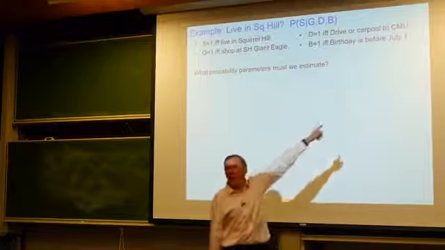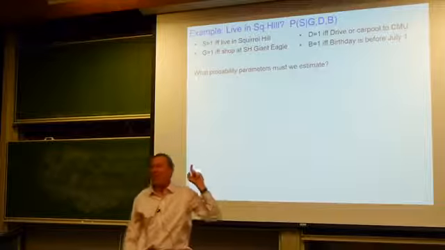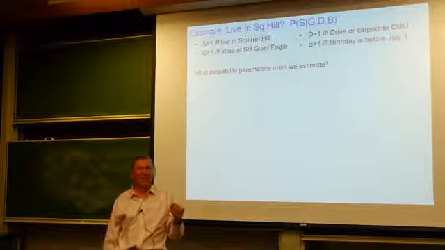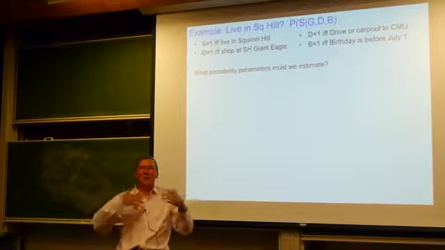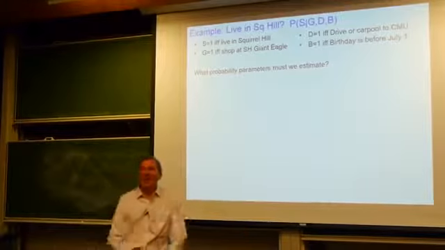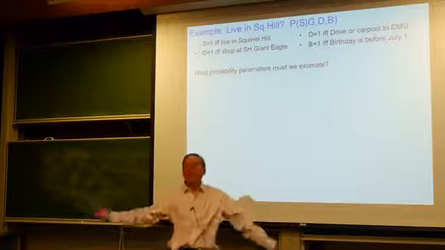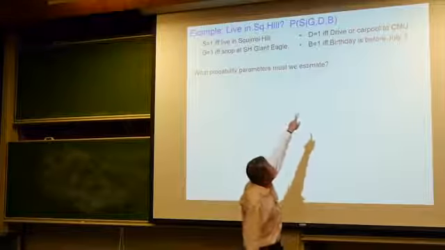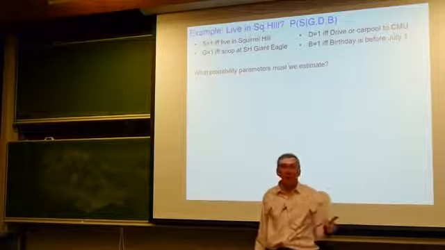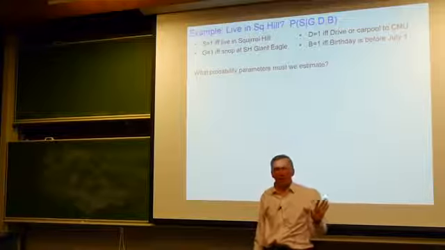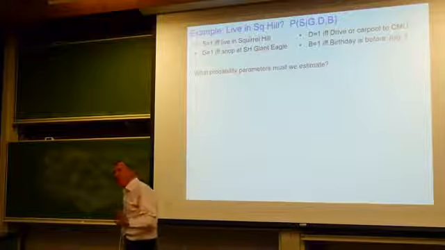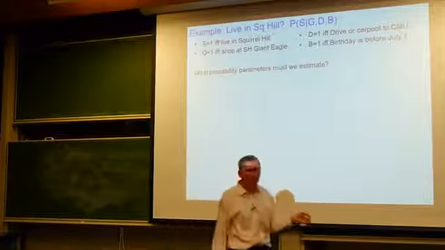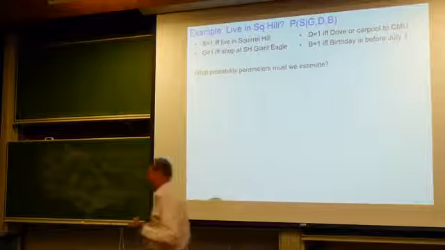D is 1 if and only if you drive to CMU or carpool to CMU, and there, let's say, if you've done it at least 10 times since September. B is 1 if your birthday is before July 1st and 0 otherwise. Okay, so those are 3 features from which we're going to train a classifier to predict whether you live in Squirrel Hill.